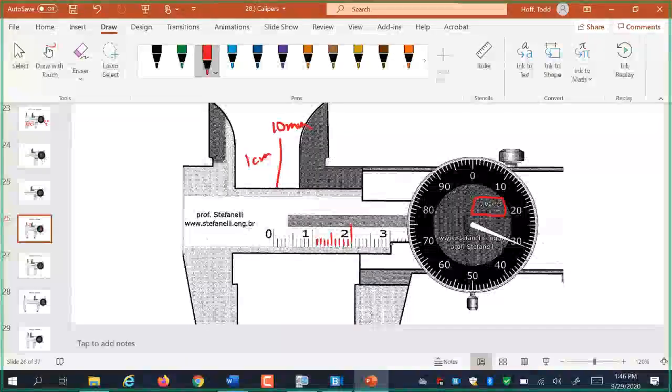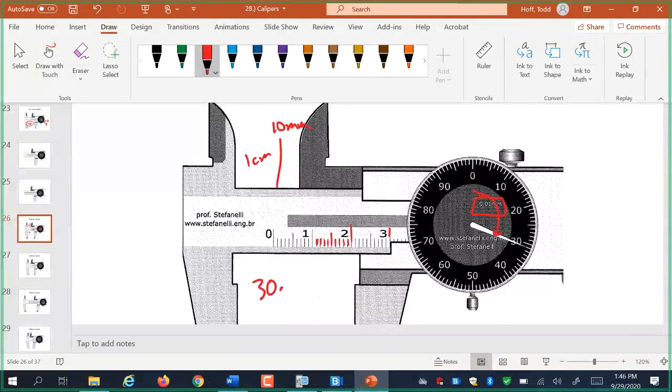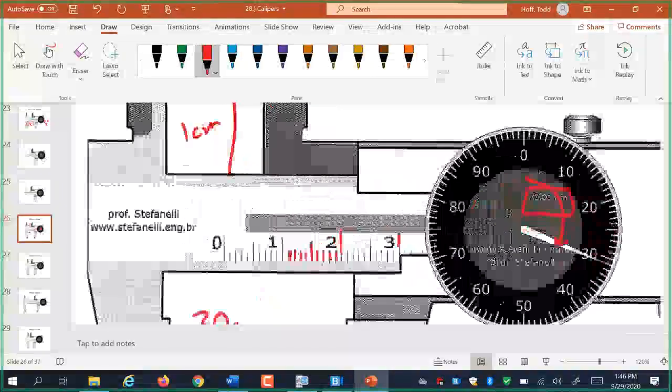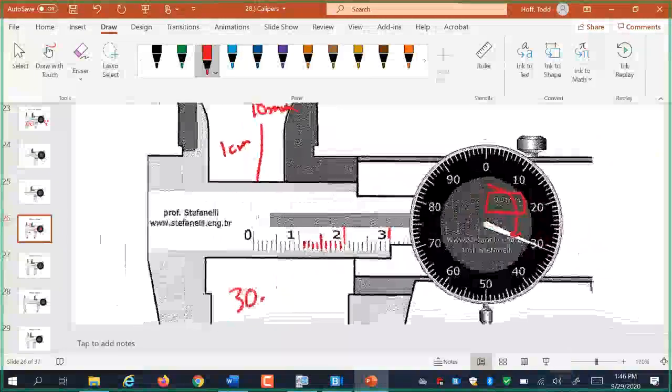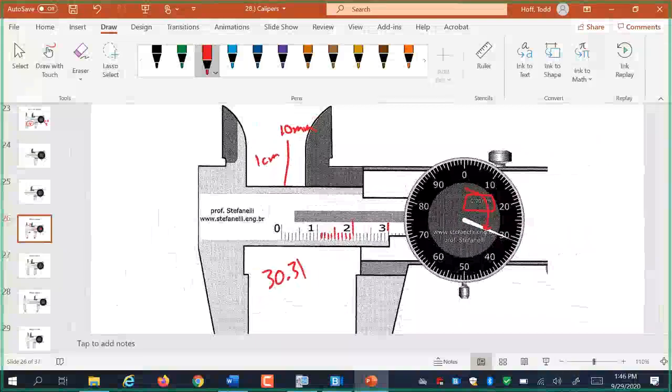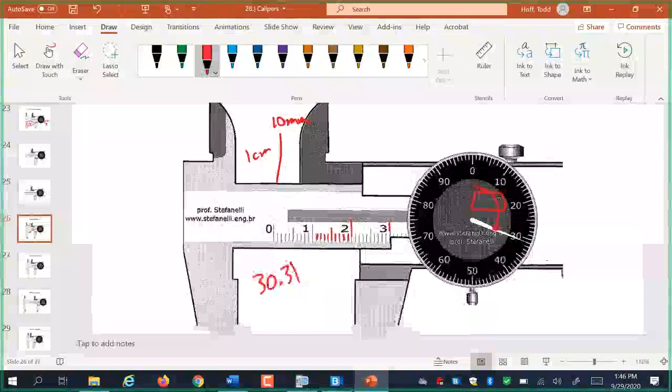So this one, we're right at that 3, which would be the 30 millimeter mark, but we see our needle is past 0, so we have passed the 30 millimeters. That's 30 millimeters. Point, the dial gives us our first 2 decimal places, or the hundredths of a millimeter. That's pointing at 31. So this is 30.31 millimeters.